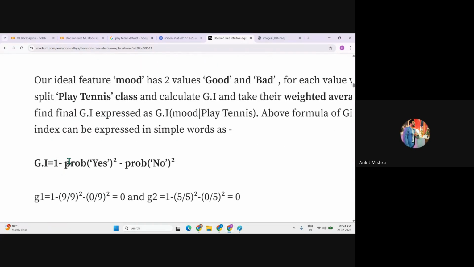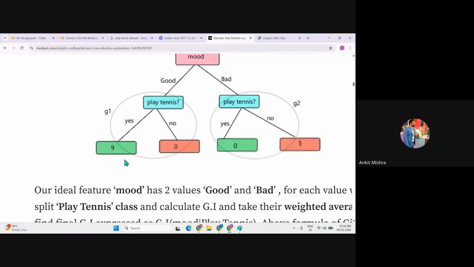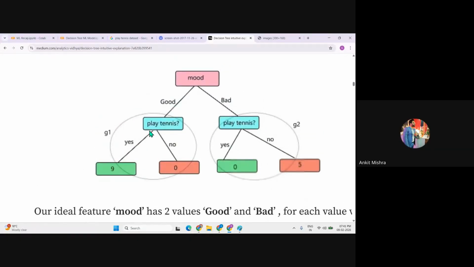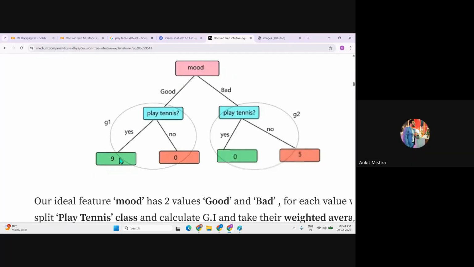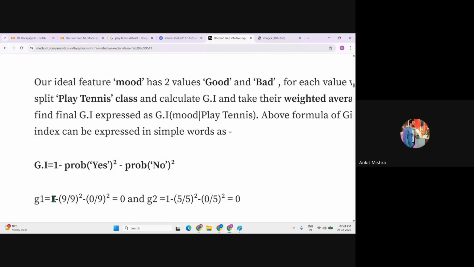So we are calculating the Gini index for the first one. We know that the formula is 1 minus the sum of the squares of each probability, right? In this good mood split we have overall 9 data points, and every time the player says yes, so the probability of yes is 9 upon 9, squared. It's 1 minus (9 by 9) squared, which is 1 minus 1.